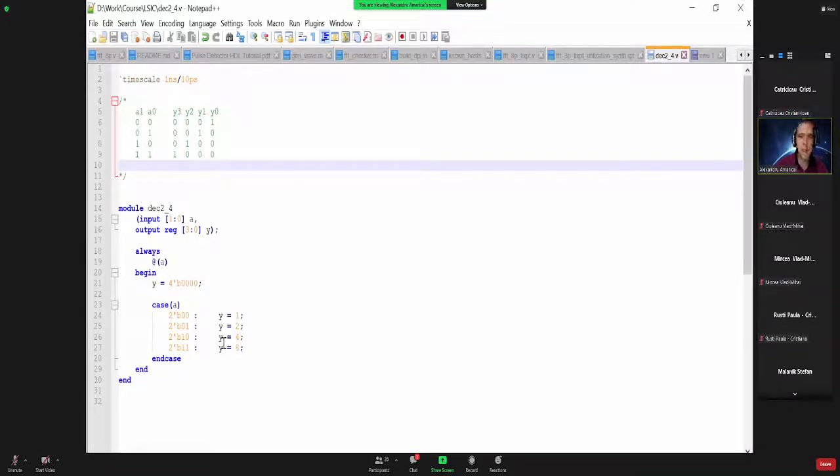Especially if you have nested ifs within the case branches, you have to be very careful. In order to prevent this kind of issue, I usually start with this kind of initialization. Of course, in this case, it is redundant.